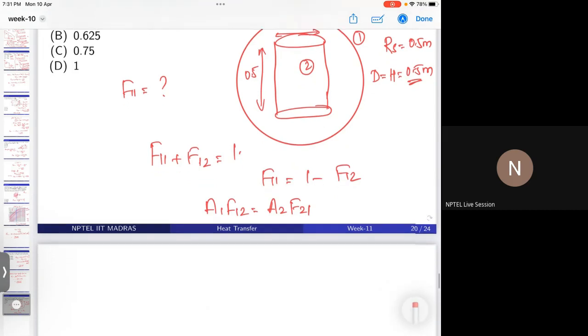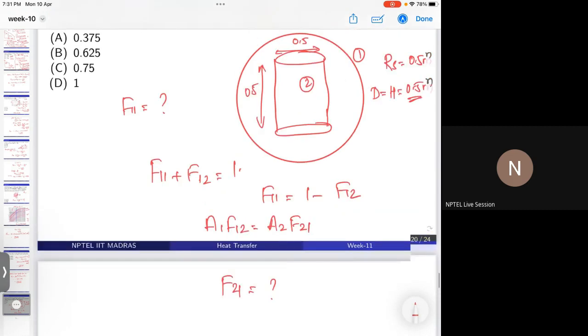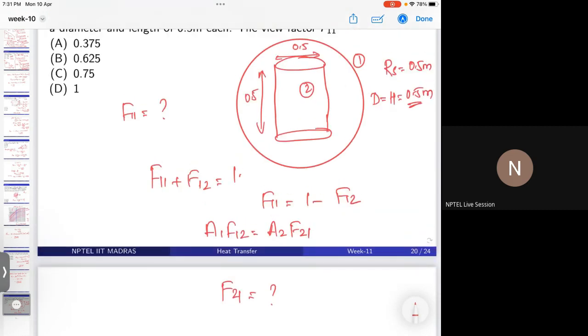So what is F21? Can you say? Sir, for that I was looking at the table. There is no need of table. You can just check whether any part of 2 will come if you write F21 plus F22 is equal to 1.